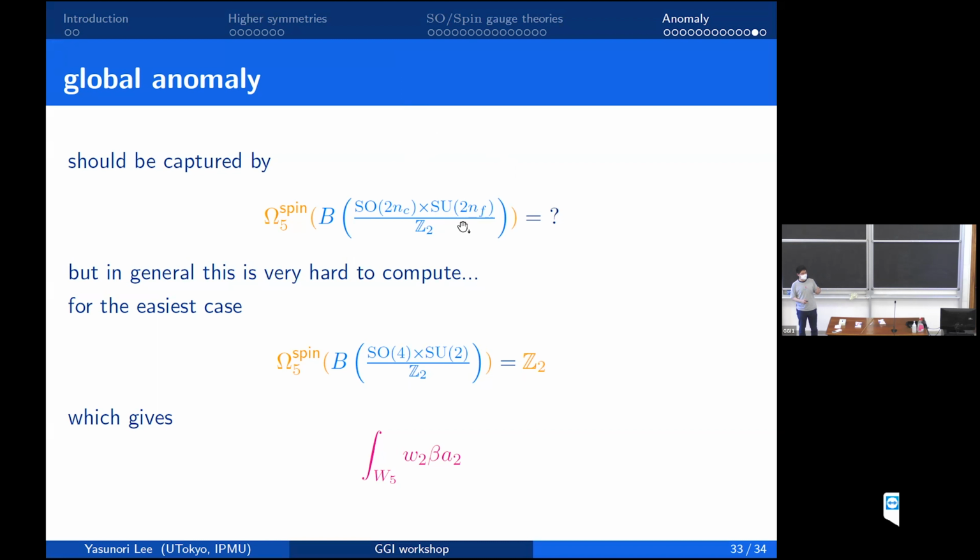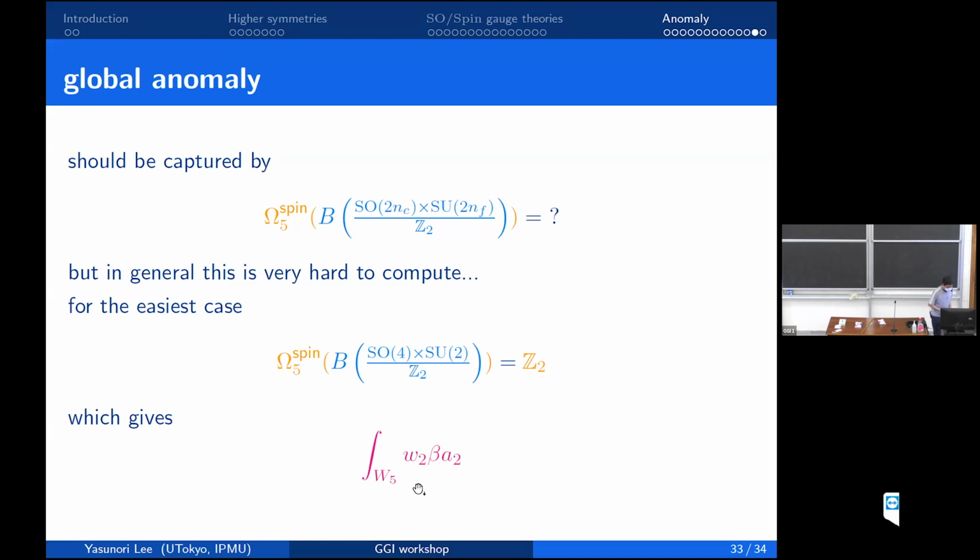The Bordism group of the classifying space of this group is the Bordism group which captures the anomaly coming from fermions in this case. Is that okay? This also classifies mixed gauge-flavor anomalies.